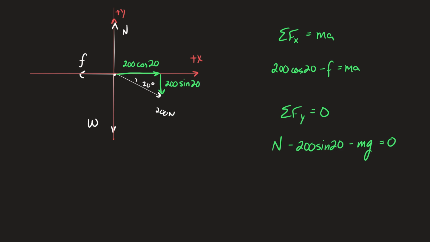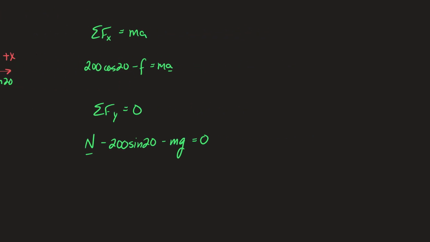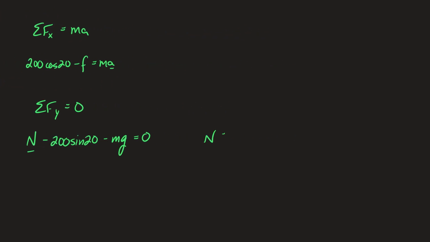Well, I don't know the acceleration, but I have everything I need to figure out the normal force. So I'm going to use that first. So solving for the normal force, I'll get mg, which is 50 times 10, minus 200 sine 20. So let's see. 432 newtons.